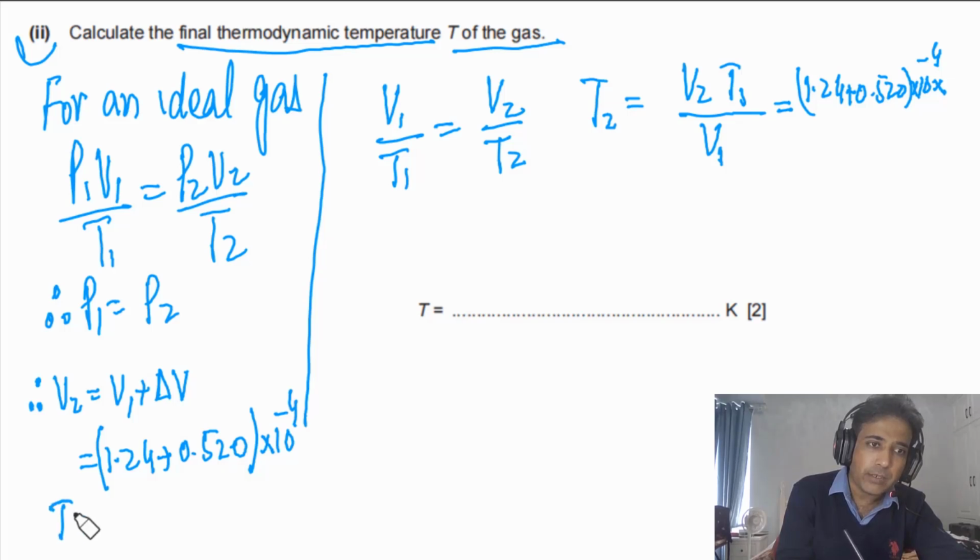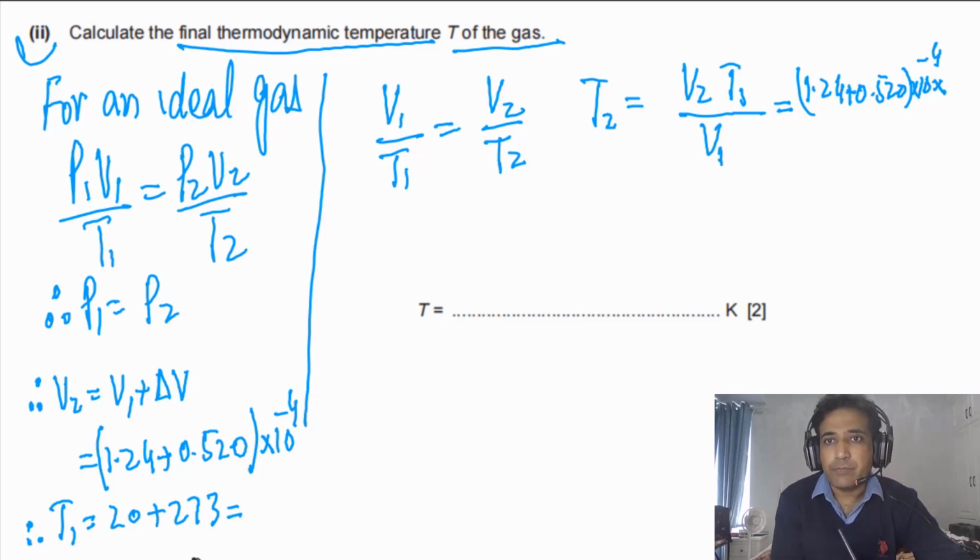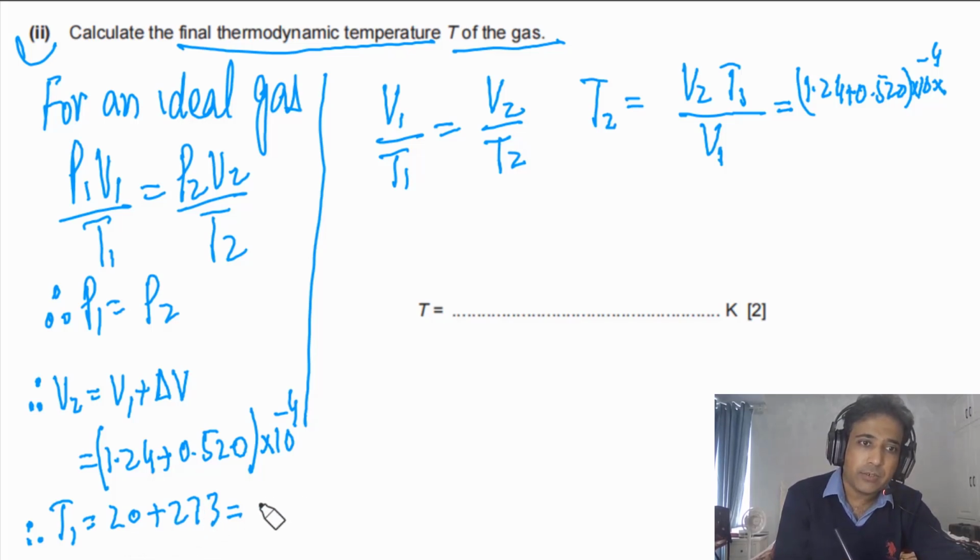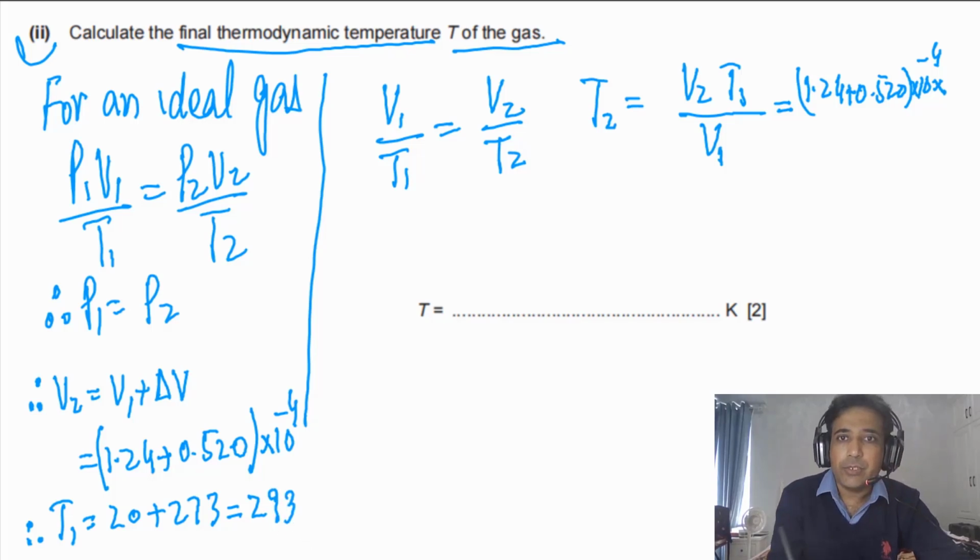Value of T1 we can also find out. Value of T1 was 20 degrees Celsius, so in Kelvin this has to be equal to plus 273. So it means that this will be 293. So we can also write down here, this is 293 divided by V1.